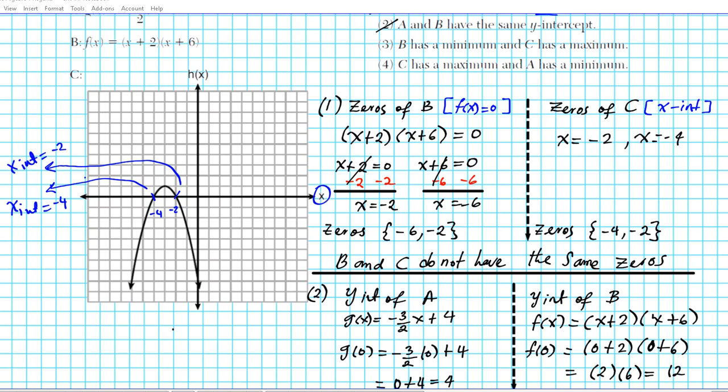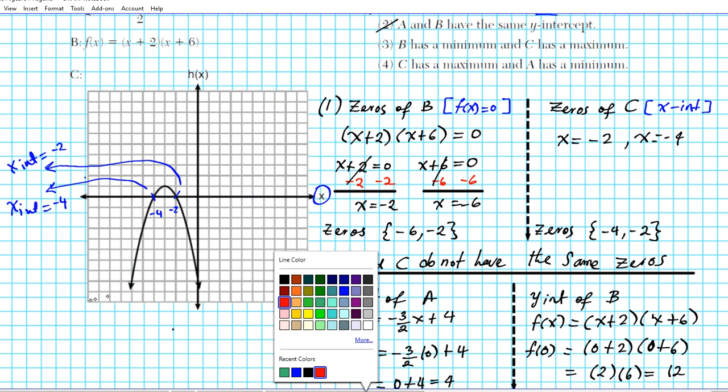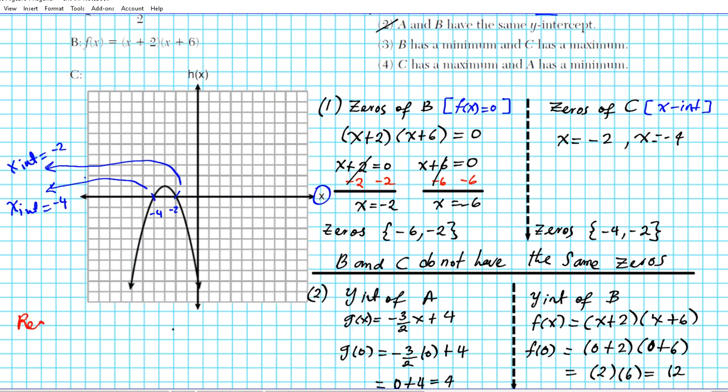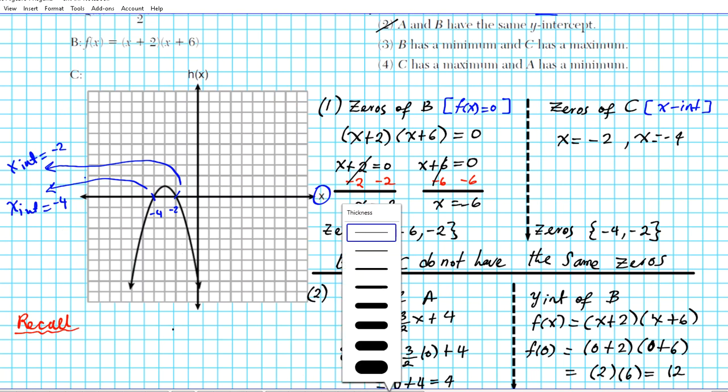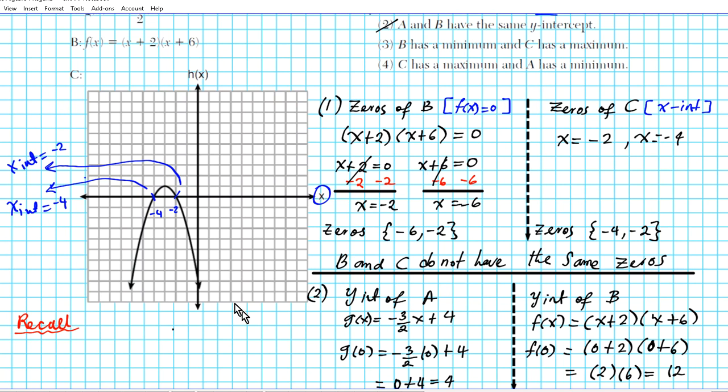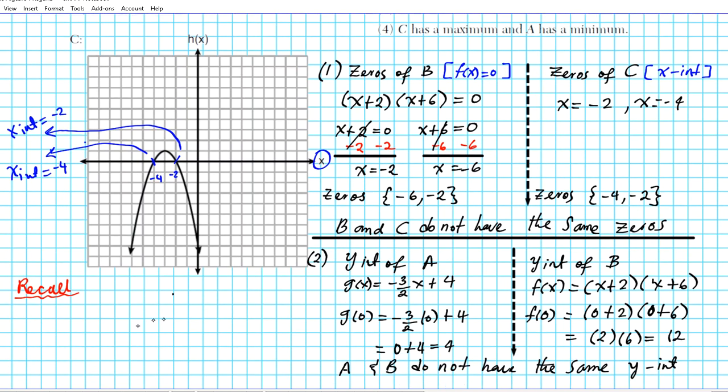So let's take a look at these two scenarios. Something that you want to remember. If you have a happy parabola, what on earth is a happy parabola? A happy parabola is a case where your parabola looks something like this. So that's happy. It's like you're smiling.